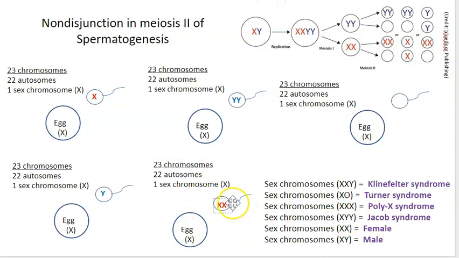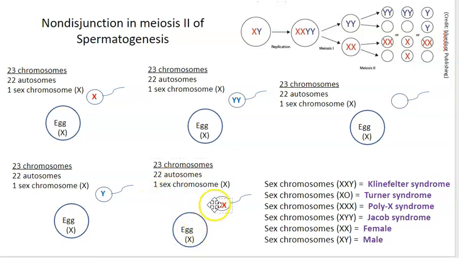The other scenario is if we look at this little gamete here, this little sperm carrying 2 X's. Again, this gamete would have 24 chromosomes, 22 autosomes, and 2 X chromosomes, 2 sex chromosomes. That makes 24, right? Should only have 23. If that fertilizes my normal egg, again, my normal egg has the 22 autosomes and the 1 sex chromosome.